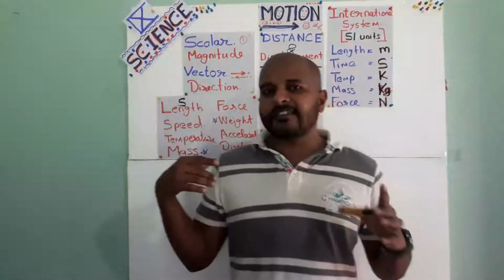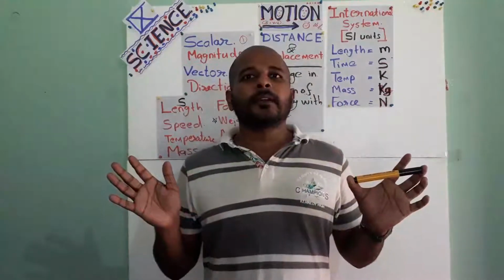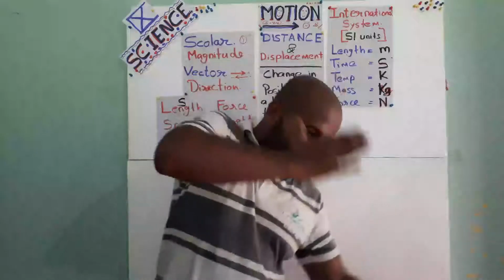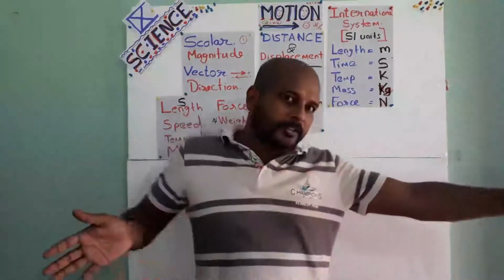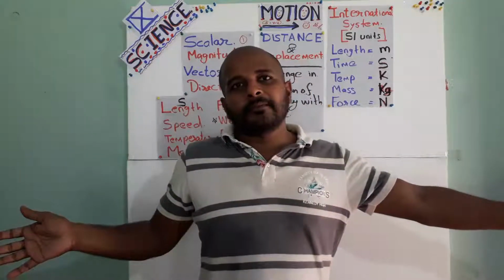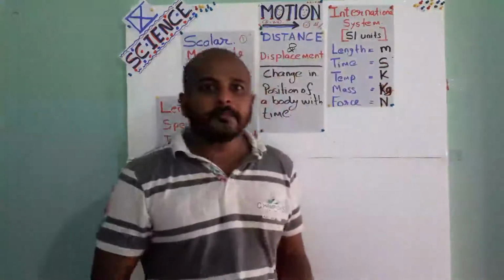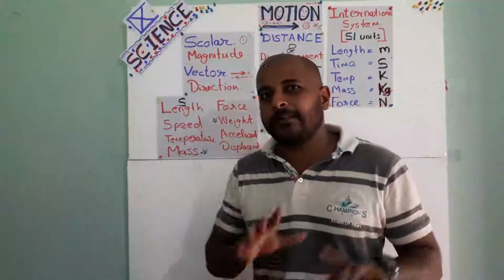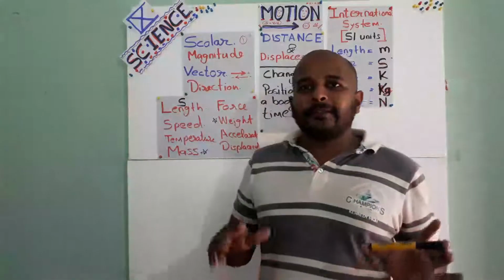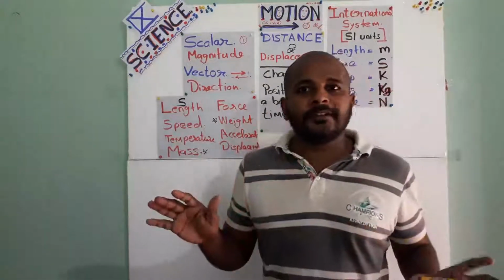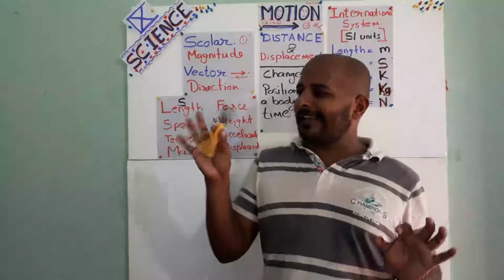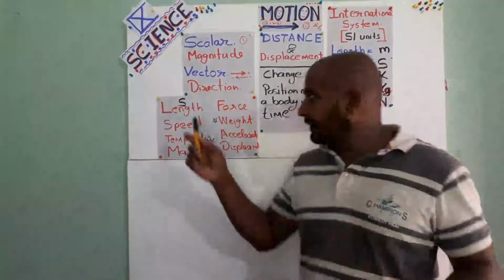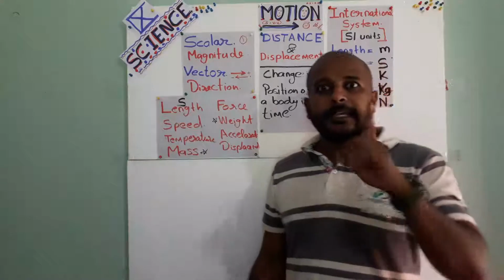I am 165 centimeters tall. If I lay down, then also if you measure, it will be 165. If I am standing on my head, then also if you measure me, my total length will be constant, isn't it? This direction does not have any impact on length. That's why it is called a scalar quantity.